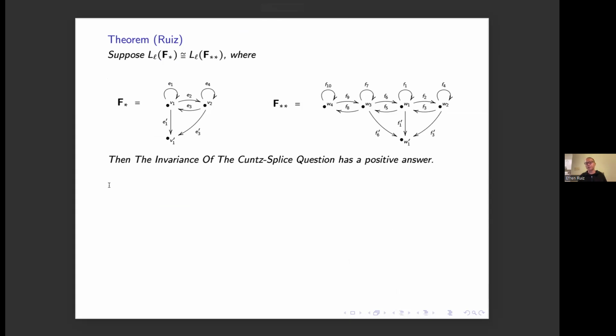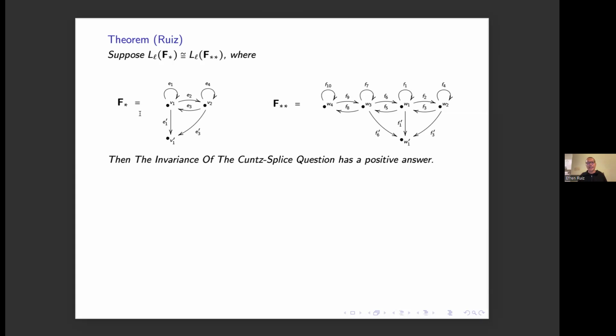That's due to Gene and his co-authors as well. But the recent result that I just posted is purely all about Leavitt path algebras. If certain Leavitt path algebras are isomorphic, then we get the invariance of the Cuntz-Splice. And so these are the two graphs, which I call F star and F star star.